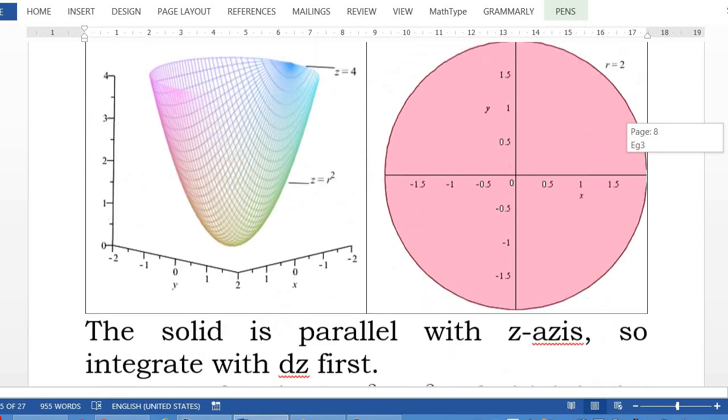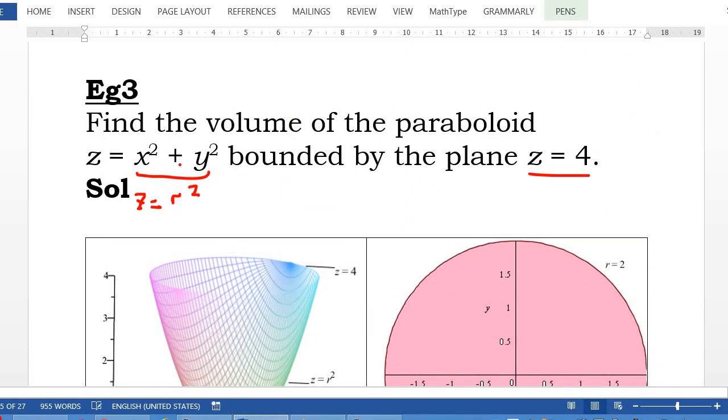To get the projection for r, you have to solve the paraboloid surface z equal to x squared plus y squared and z equal to 4. When you plug in z equal to 4, the paraboloid intersects the plane z equal to 4 in the circle x squared plus y squared equal to 4, so r equal to 2.